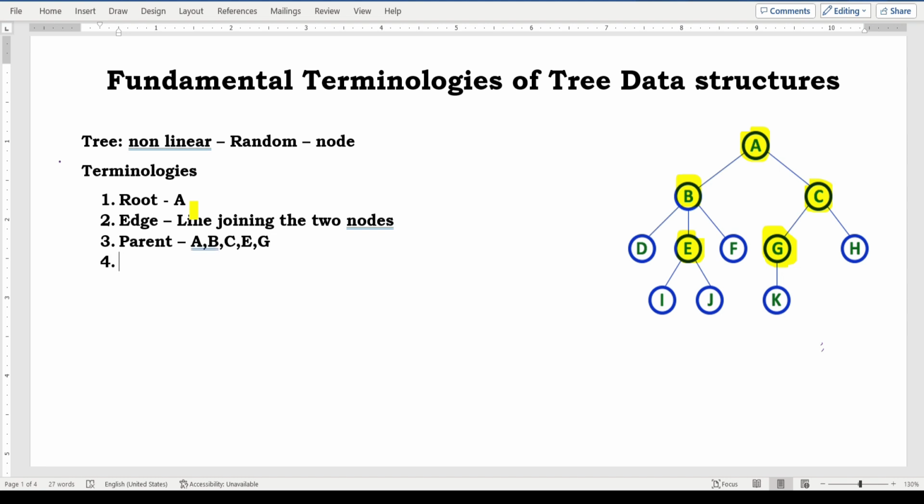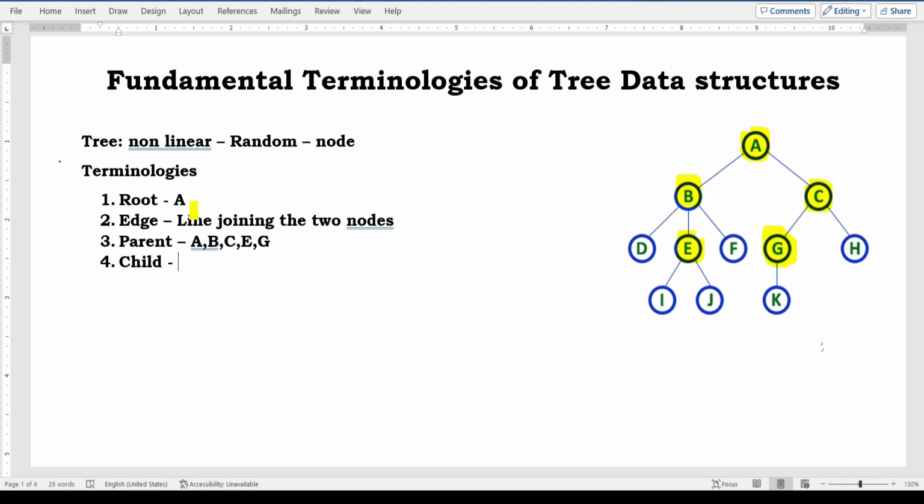And then we have the fourth terminology, child. Again, in a tree data structure, the node which is a descendant of any node. Predecessor means a parent, and the descendant is a child or children of any node, called a child node.